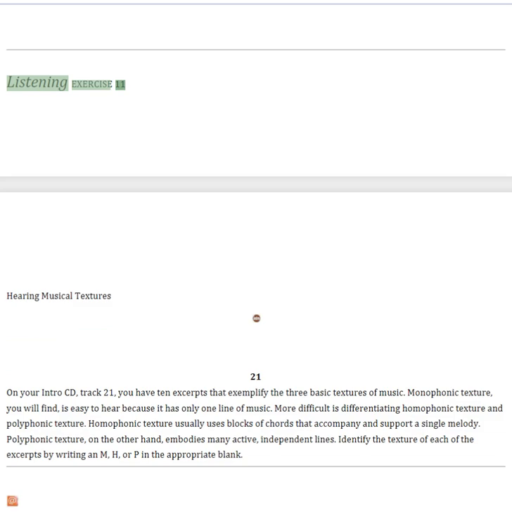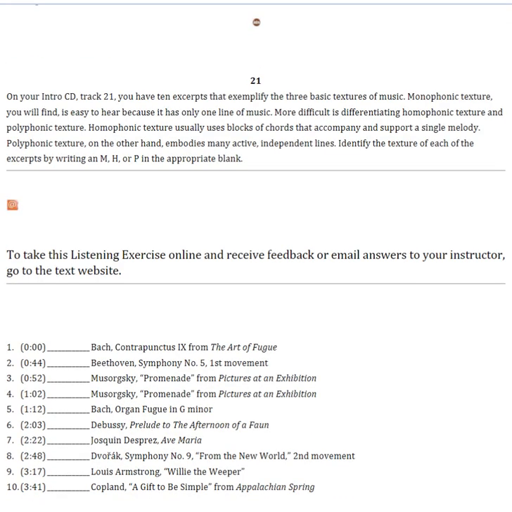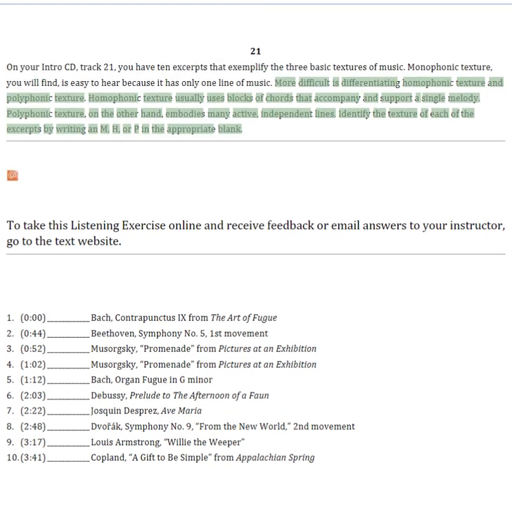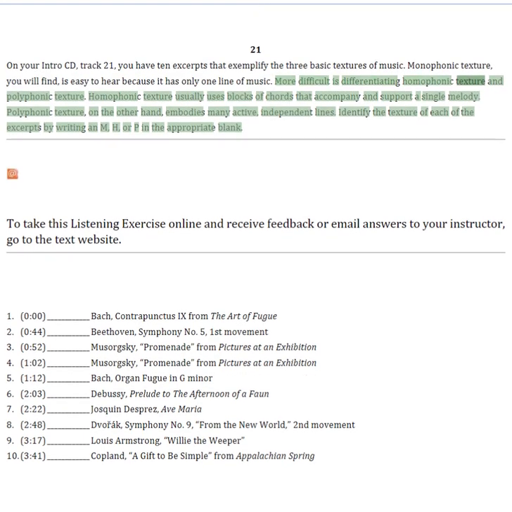Listening exercise 11. Hearing musical textures. On your intro CD, track 21, you have 10 excerpts that exemplify the three basic textures of music. Monophonic texture, you will find, is easy to hear because it has only one line of music. More difficult is differentiating homophonic texture and polyphonic texture.